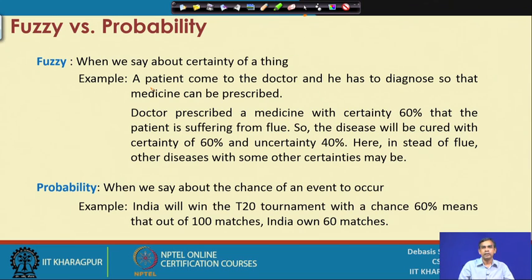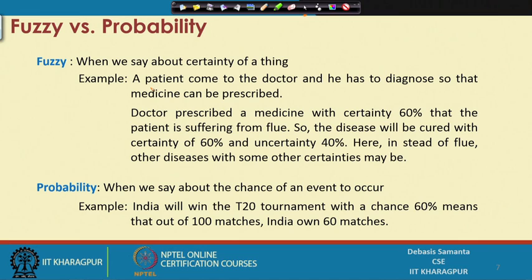So, 60% in this case and 60% in the previous case have two different significances. In the doctor-patient scenario, it is the certainty, and in the second case the 60% is based on previous experience. So, certainty versus experience basically defines fuzzy versus probability.